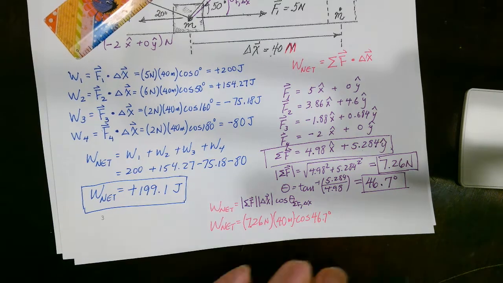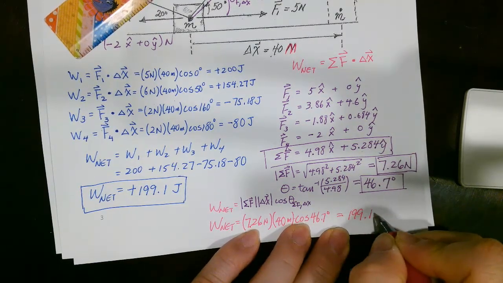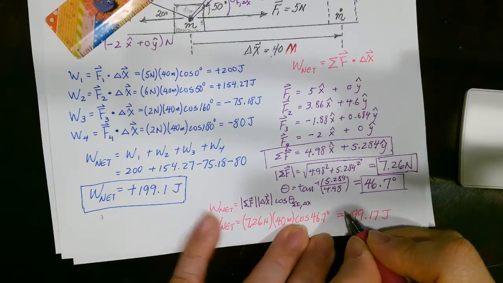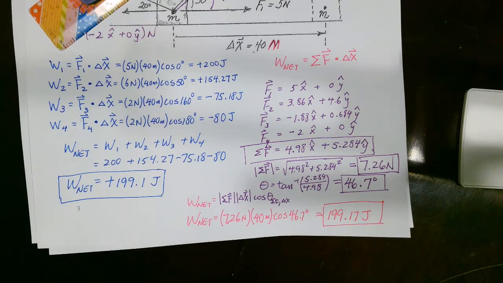If you work that out, you get something like 199.17 joules, which is close enough to 199.1. Voila. So that wasn't that bad, right? Any questions?